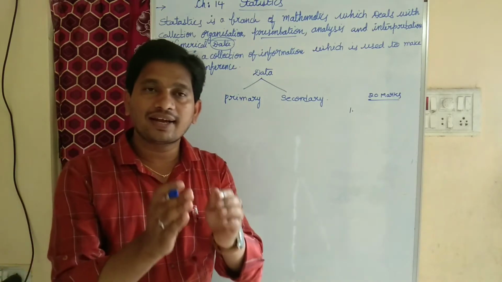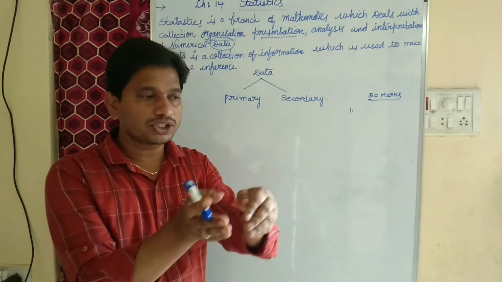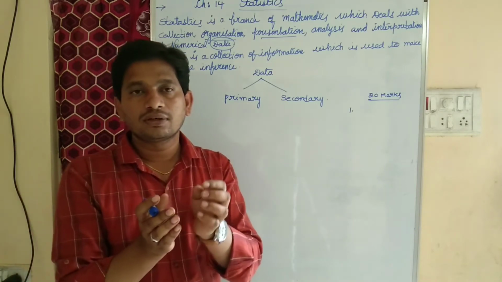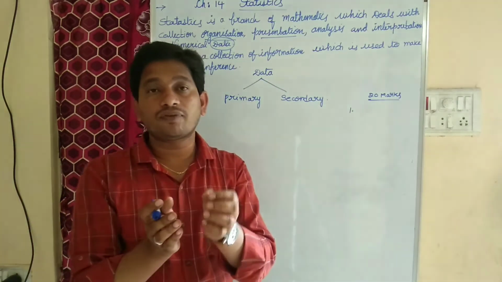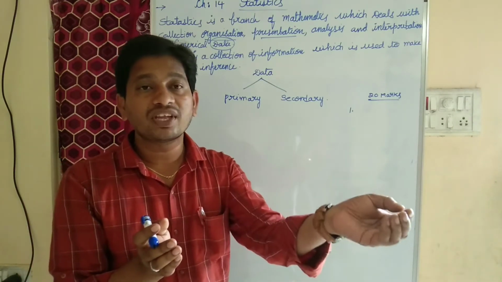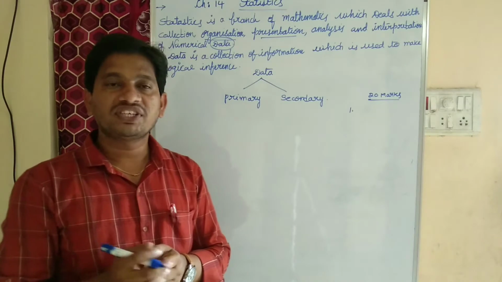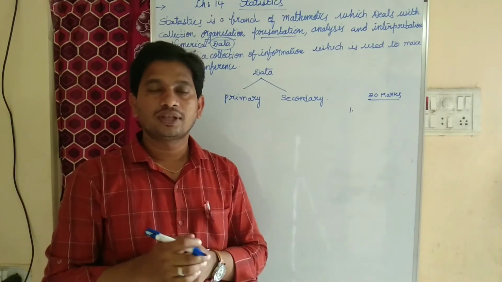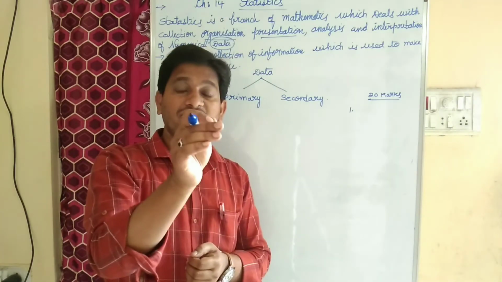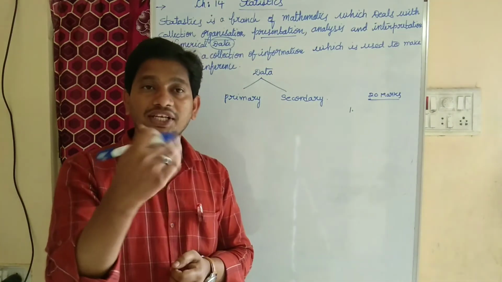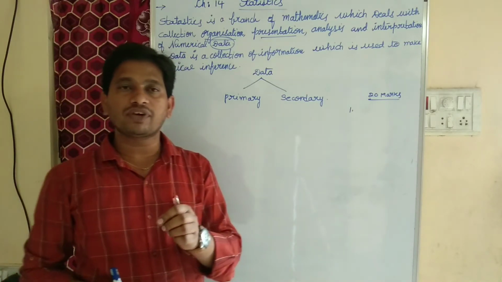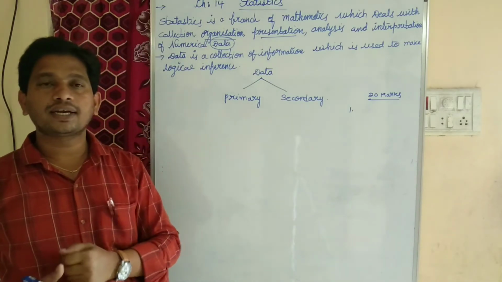After collecting that data, he will give that information to the class teacher. So the information which the class teacher collects from the class monitor, which is already recorded, is called secondary data. The information collected from a source which is already recorded, for example registers, is called secondary data. Children, did you understand the difference between primary data and secondary data?